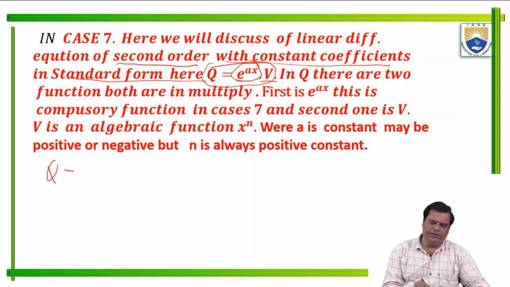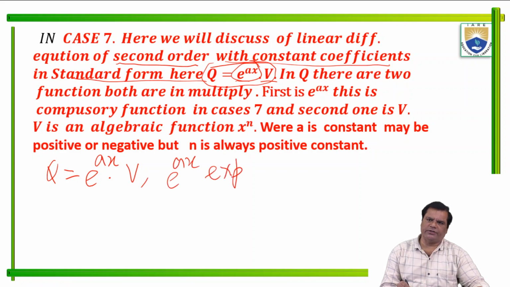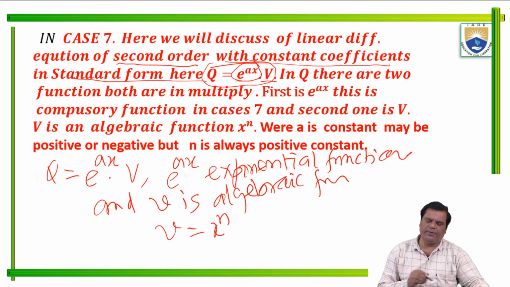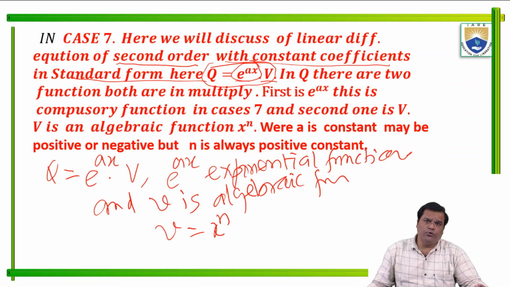Q is e to the power ax into v. The first function, e to the power ax, is the exponential function, and here v is an algebraic function. Algebraic means v is some x to the power n. In Q there are two functions, both are multiplied.